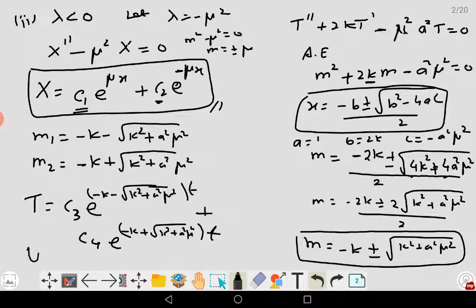That's it. So the final answer for this case, u is x and t. You just write this one. We don't need to repeat them. Okay, so case 2 is done.